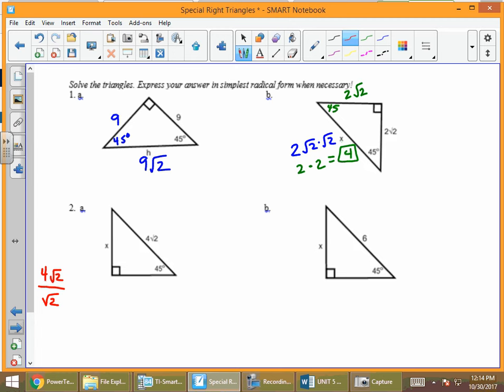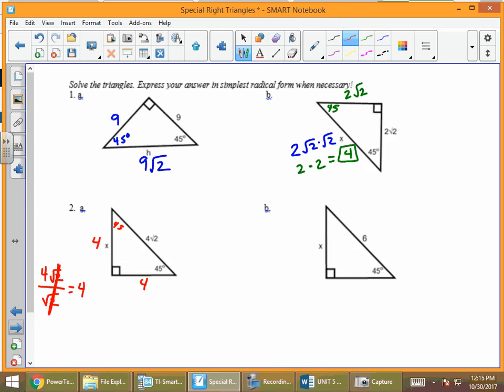They go away. Gone. So we're just left with what? 4. Okay. Well, we forgot this is 45, this is 90, that's supposed to be 45. And it's nice when we have 45, 45, 90 because once we get one leg, what do we know about the other one? It has to be what? The same. Yes.